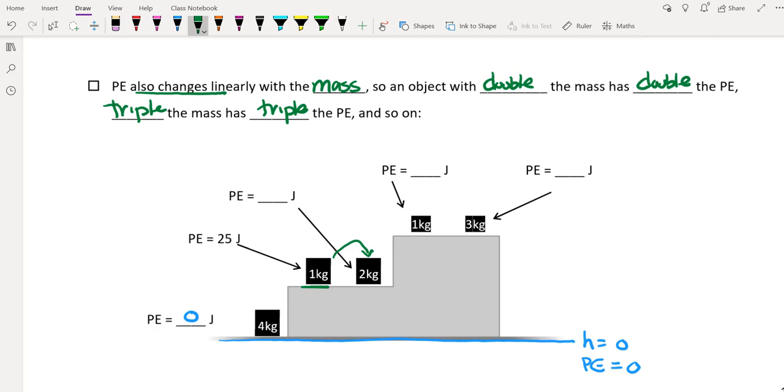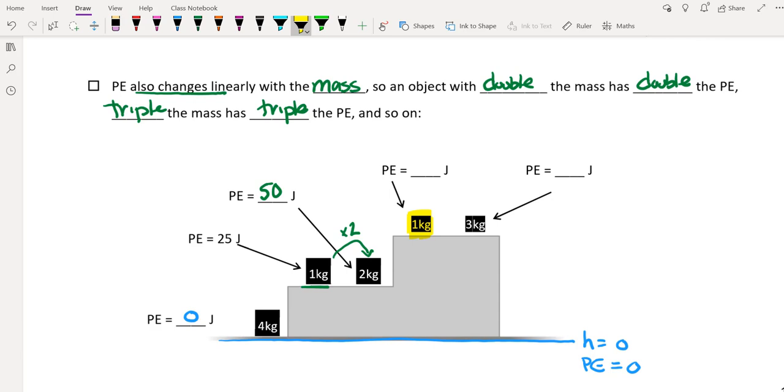Well, if we doubled the mass, we would also double the potential energy. So if it was at 25 joules, double 25, it'd be 50 joules. So now if we move that 1 kilogram box onto the next step, what happens to the potential energy?